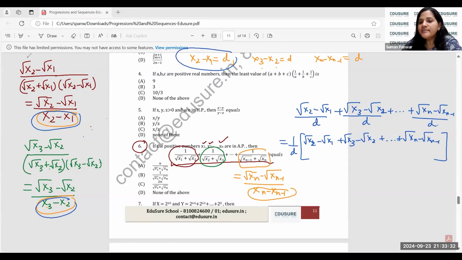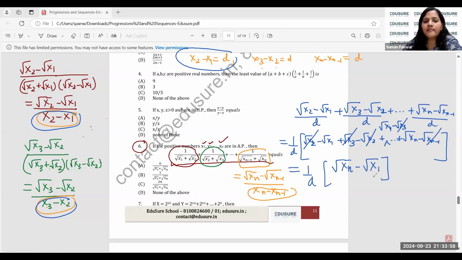So now you can see what is going to happen. This root x2 will be cancelled with this. And then the next term after this, root x4 minus root x3, so this will be cancelled. All of them will keep on getting cancelled. Only this will remain: root xn minus root x1.